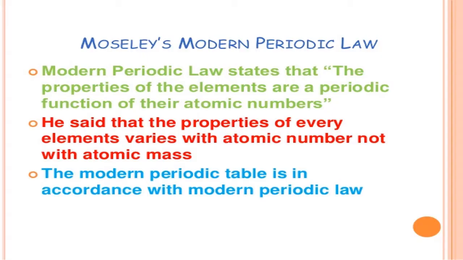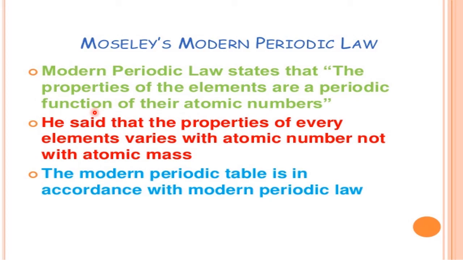This is called the modern periodic table, and they give a law that is called the modern periodic law. What does the law say? The properties of the elements are a periodic function of their atomic number. Earlier, Mendeleev said what? The properties of the elements are a periodic function of their atomic mass. What is a periodic function?